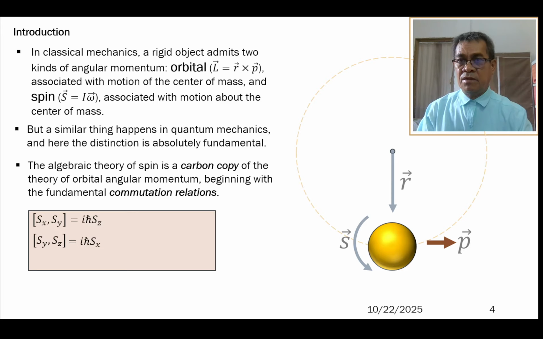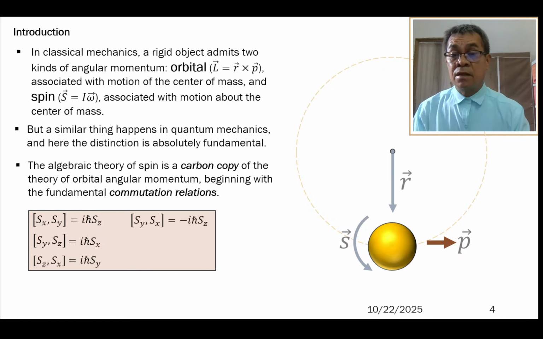So it's a kind of cyclic rotation. We have x, y, and we have z. If we start at y, we have z, and the next is x. Therefore, for the commutator of Sz and Sx, we have i ħ Sy.